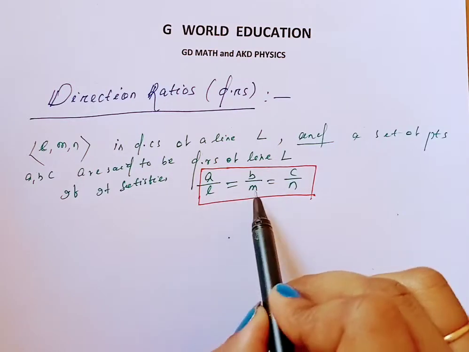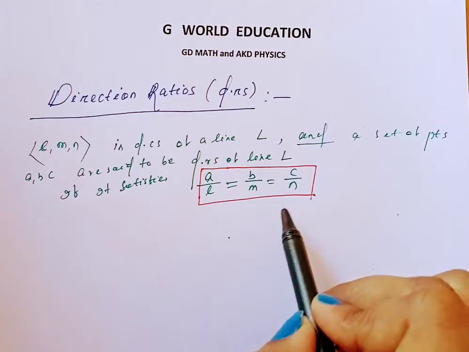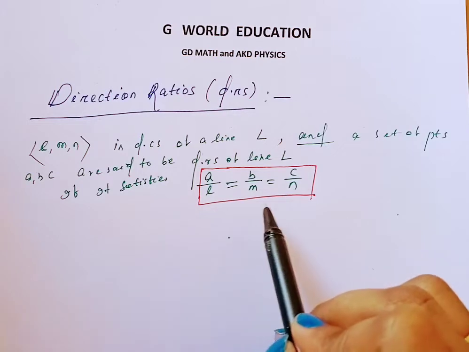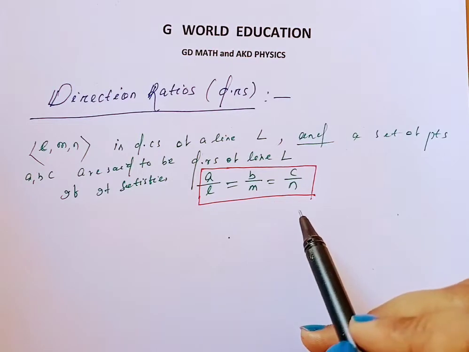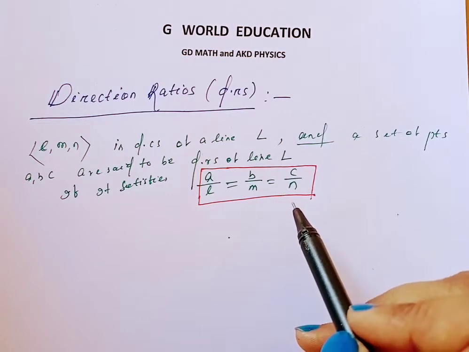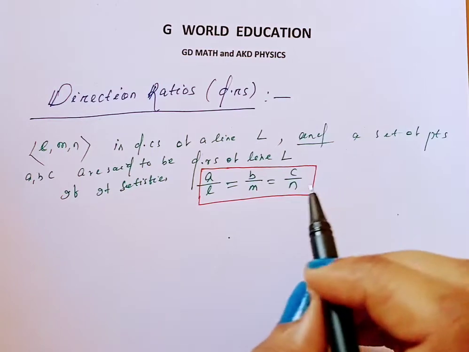And what are l, m, n? l, m, n are the direction cosines, and all of them are non-zero. Okay, so this is direction ratios.